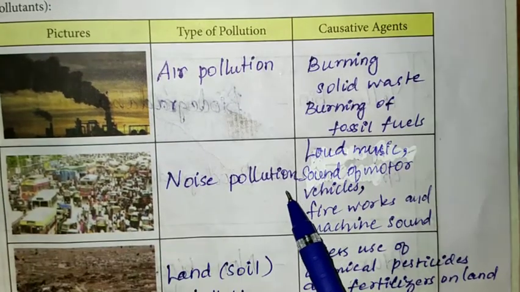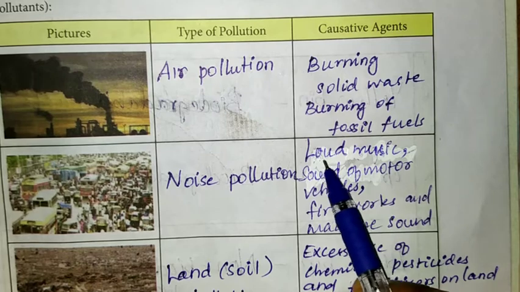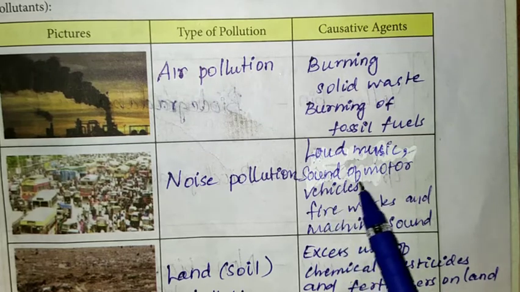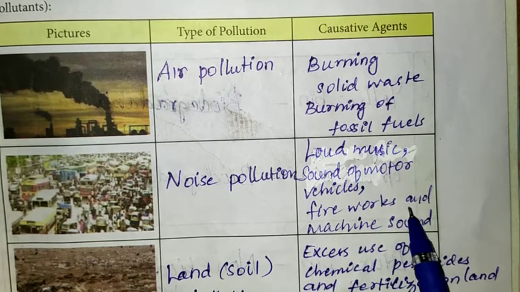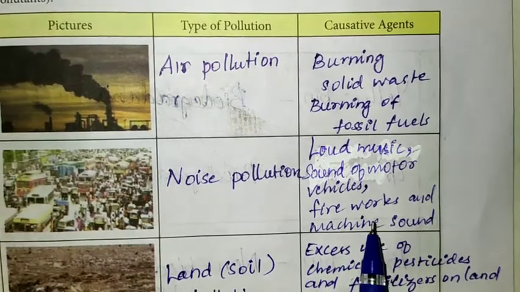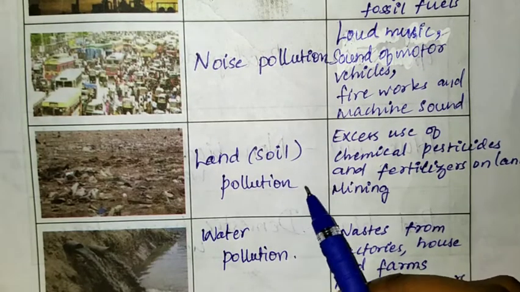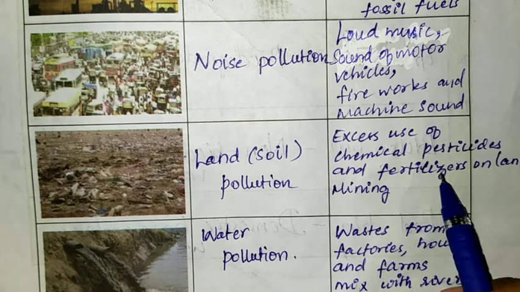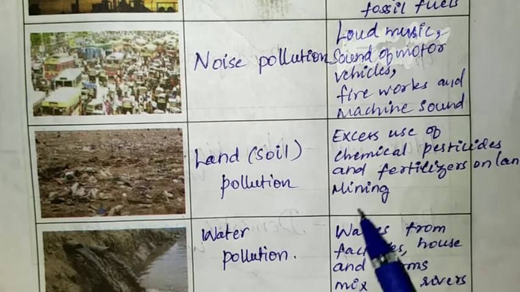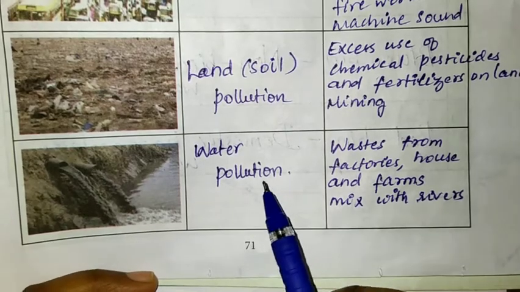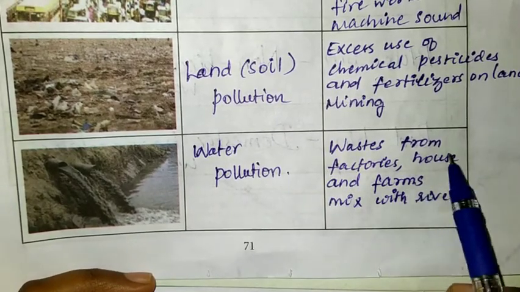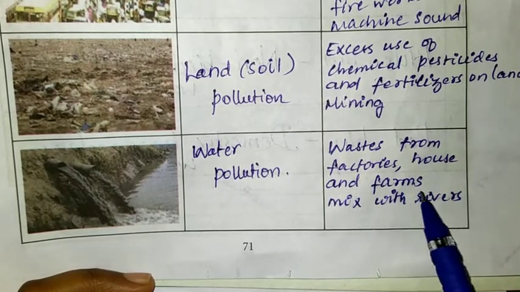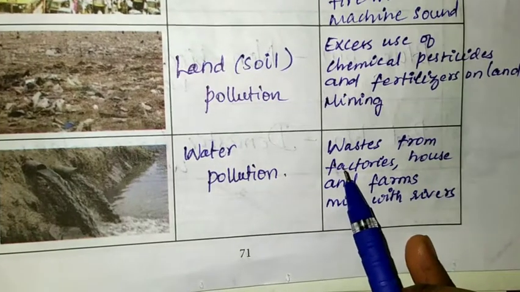And the next one is noise pollution, caused by loud music, sound of motor vehicles, fireworks and machine sound. Next is land pollution, excess use of chemical pesticides and fertilizers on land and mining. Next is water pollution, waste from factories, houses and farms mixed with rivers.